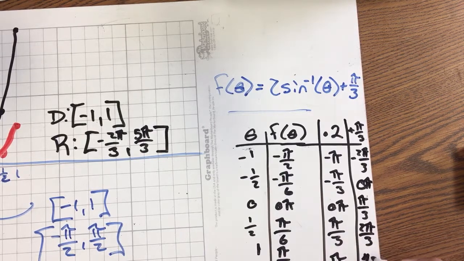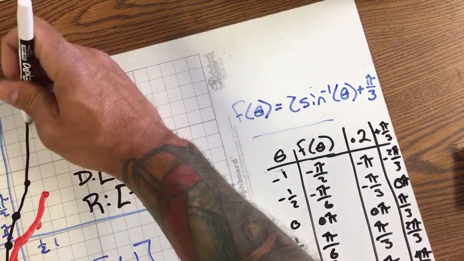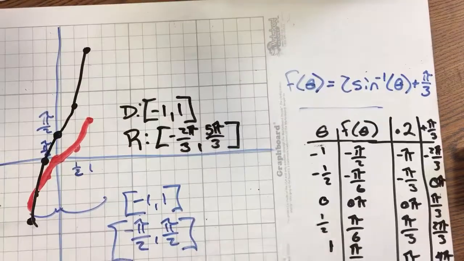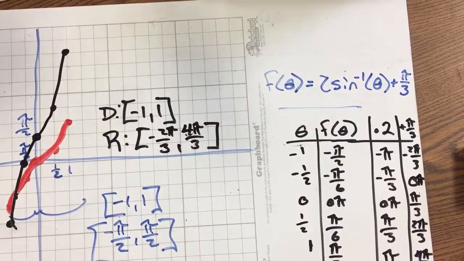That's going to be 4 pi over 3. Oh, so I did this wrong. Should have been 4 pi over 3. My apologies, guys. Hopefully you caught that as I was doing the video.